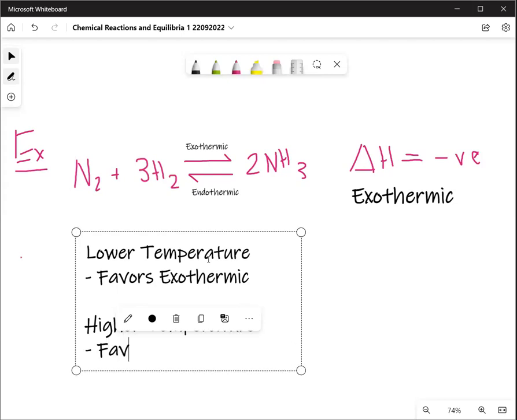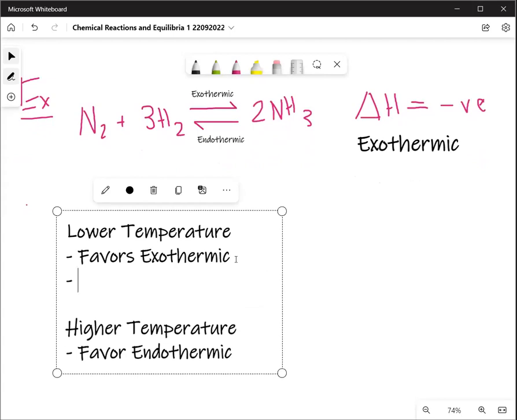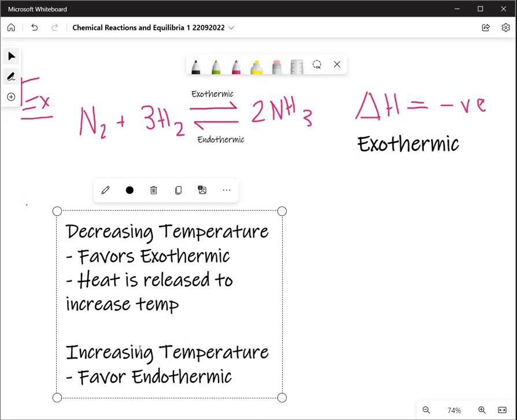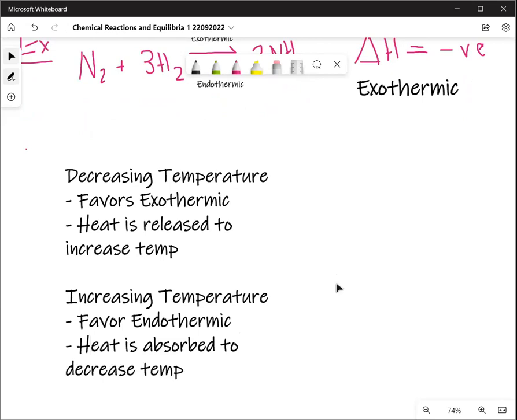Write this in your notebook. So lower, or this one I have to write in these.